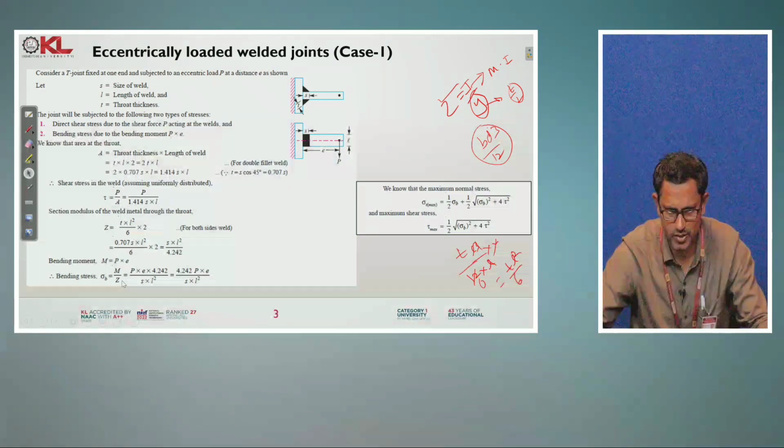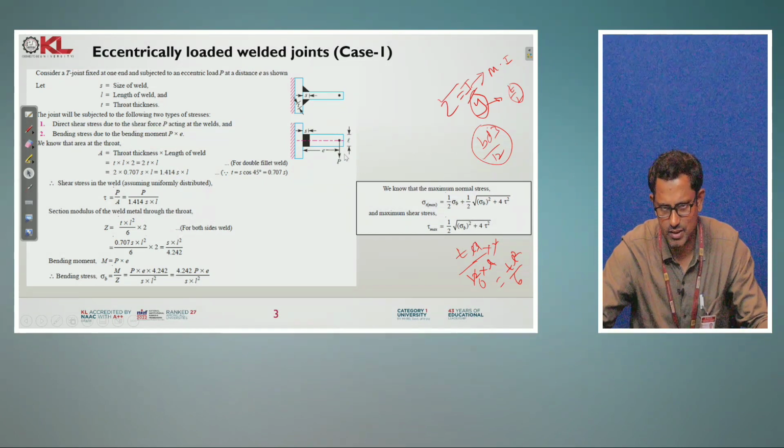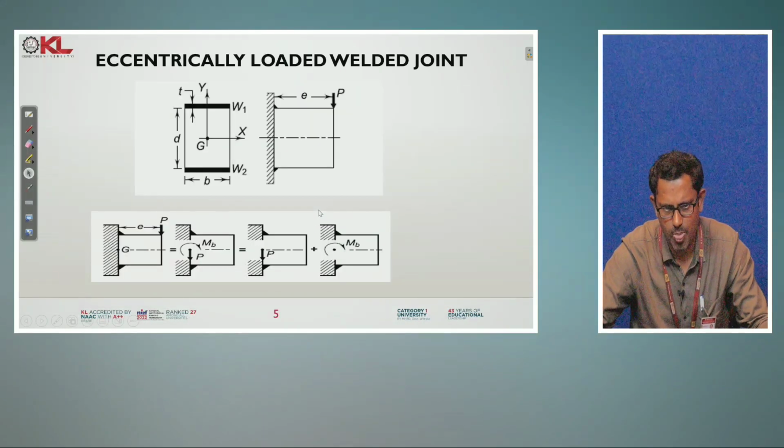Substitute this Z value in this equation and you will get the bending stress. So what is the bending stress? Here you get 4.24 into P into eccentric distance E by S into L square, where S is the leg size or weld size and L is the length of the weld. So this is case 1, with the transverse weld.